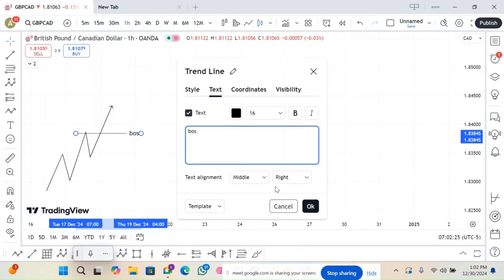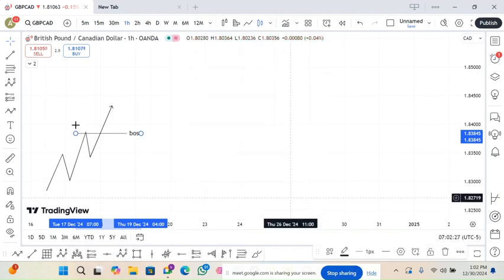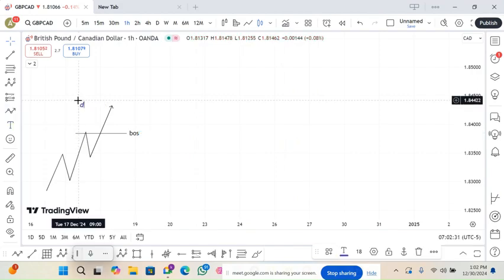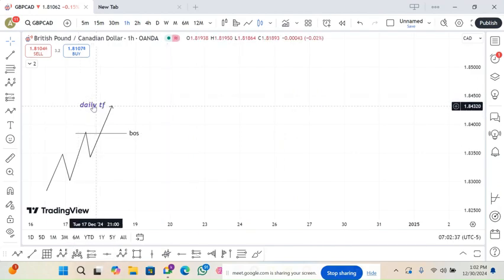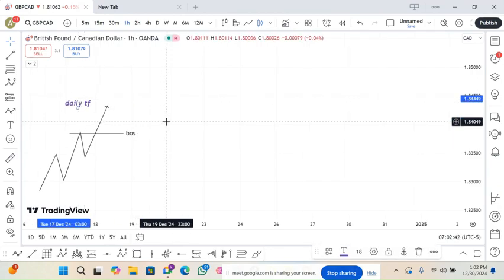So BOS is called a break of structure. So I'm going to label this as daily TF. Daily TF, you already know, means daily time frame. Each candle on a daily time frame represents one day.